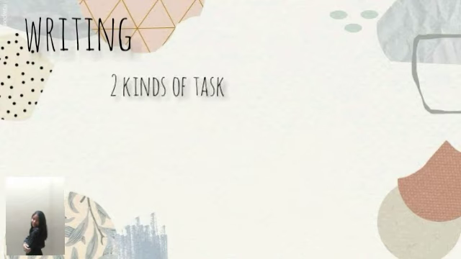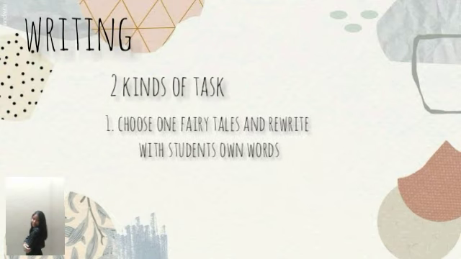For writing itself, the teacher can divide the exercise into 2 kinds of tasks. First, the students choose one of the fairy tales and then write it in their own words without reducing the meaning, and in accordance with the generic structure.